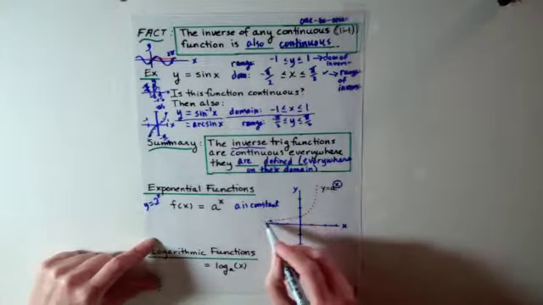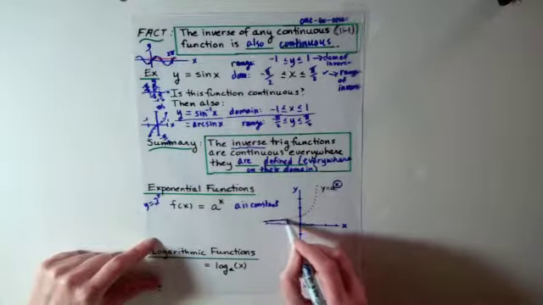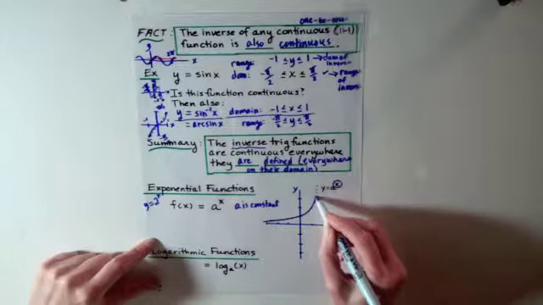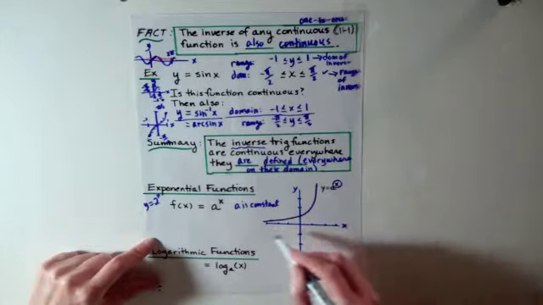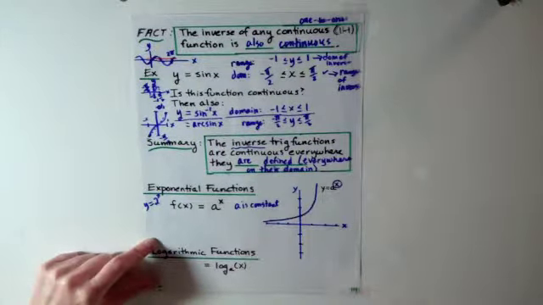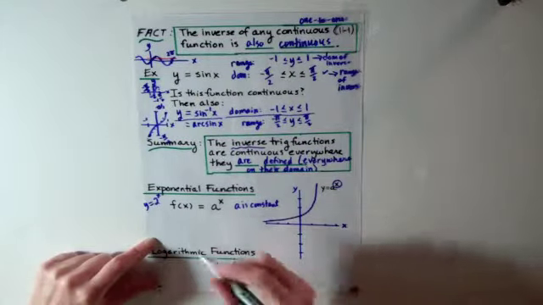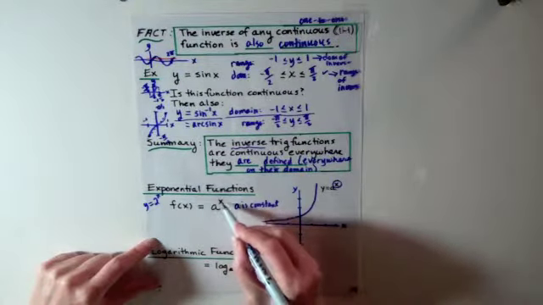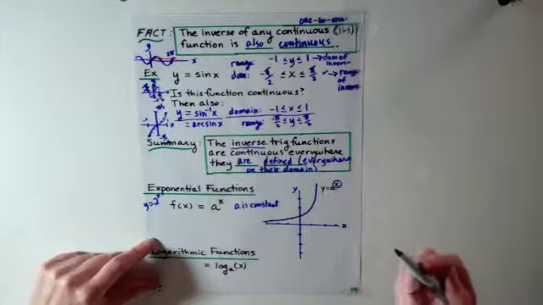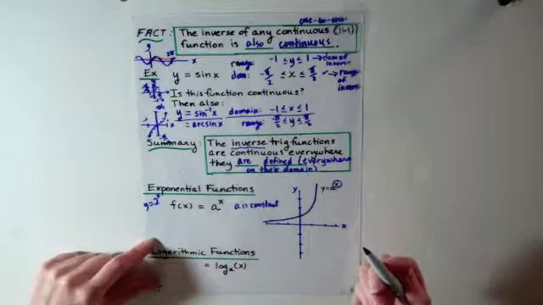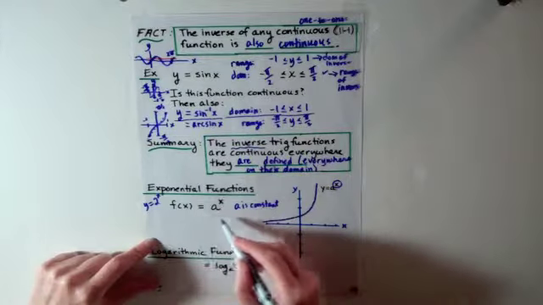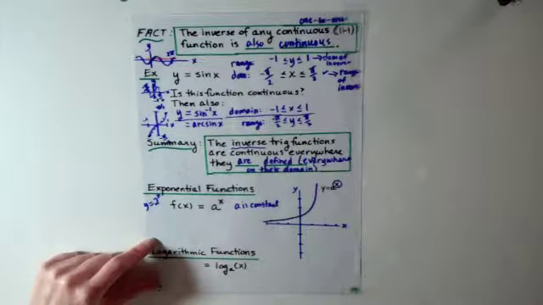Well, it turns out that means that when we write y equals a to the x and x can be any real number, that we end up getting not only a function that's always increasing, but a function that is continuous. So we're going to go ahead then and just say, well, because of the way that we define a to the x, where x is any real number, the method that we used for defining it automatically makes this exponential function a continuous function.